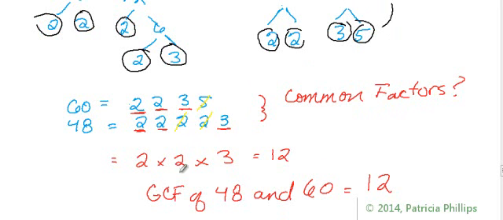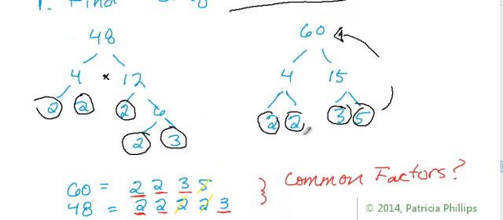Okay, so down below we're going to write the common factors from left to right. The common factors from 60 and 48, and those are 2 times 2 times 3. And you can just go ahead and tell what that equals. They equal 12.